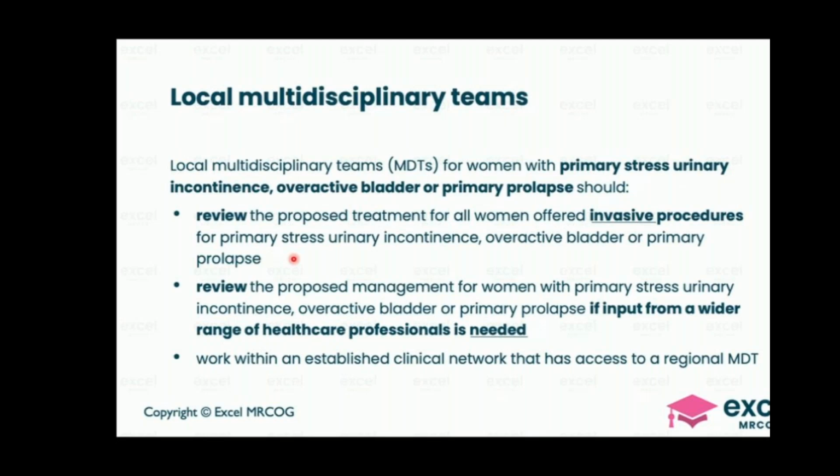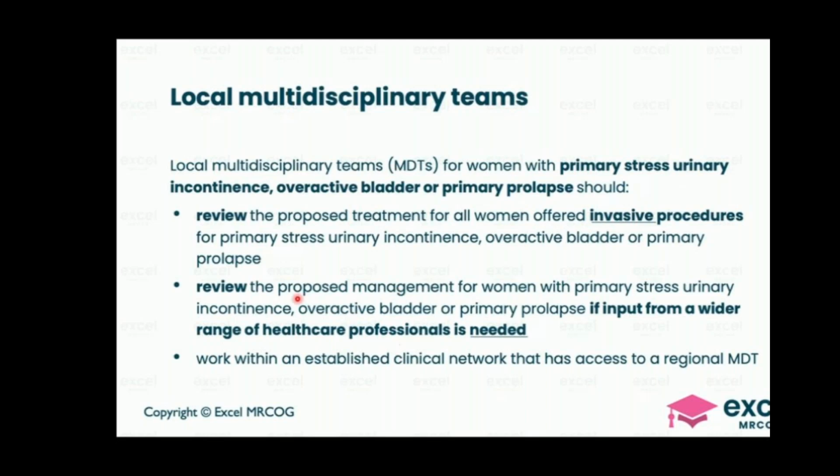It is simple SUI, simple overactive bladder, or simple prolapse, and you want to treat her surgically. You will go to local MDT. Any surgical intervention or any invasive procedure for SUI, overactive bladder, primary prolapse is a local MDT.